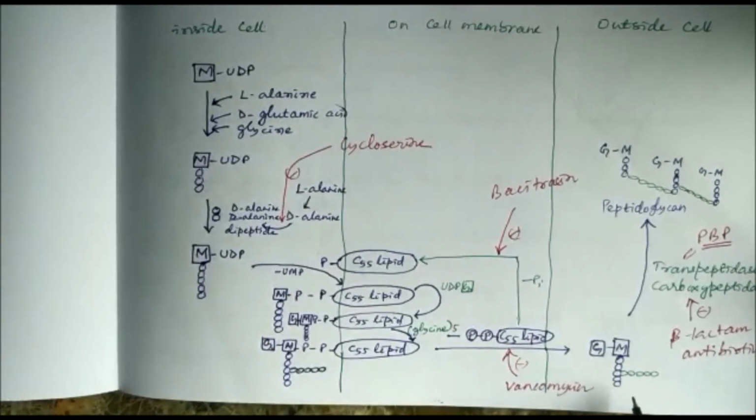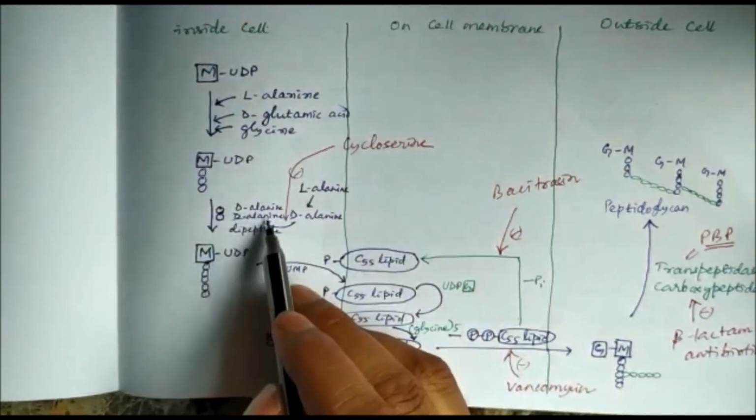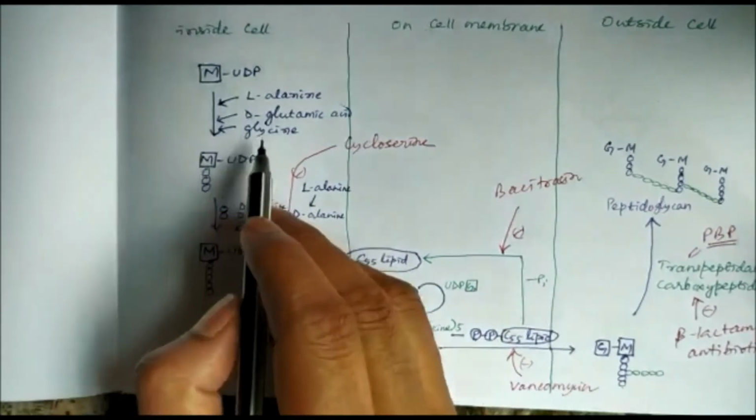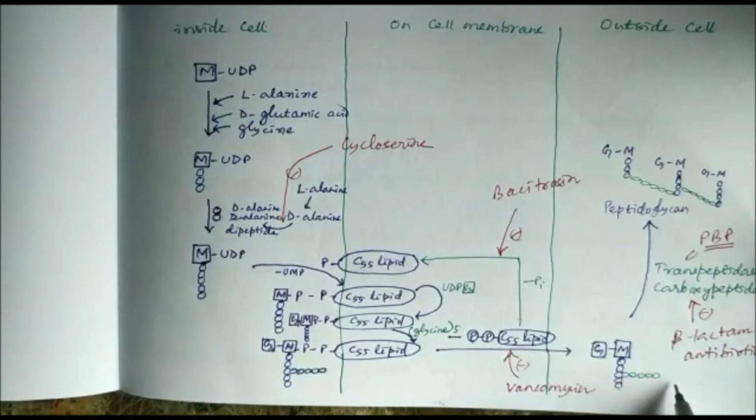So this complex of N-acetyl glucosamine, N-acetyl muramic acid, and the pentapeptide consisting of L-alanine, D-glutamic acid, glycine, and 2 D-alanines, with another 5 glycine amino acids combined to the third one, is the building block unit of peptidoglycan.